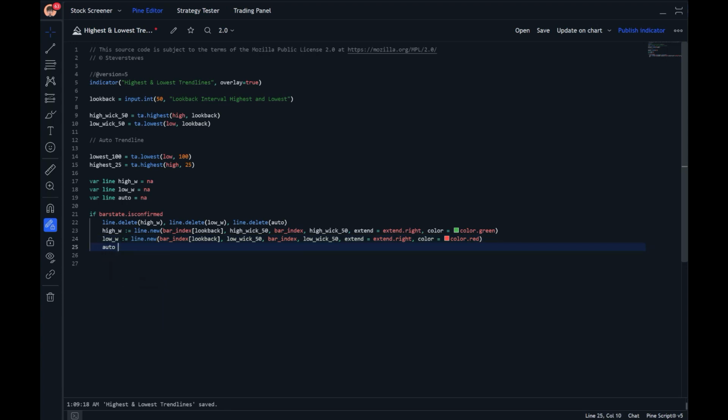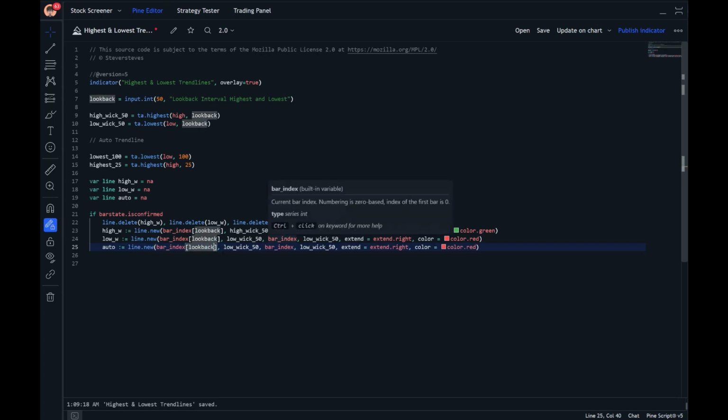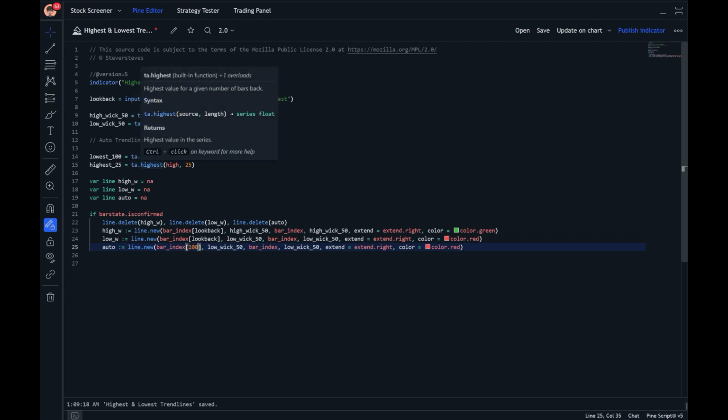So we're going to do auto colon equals, because remember the colon is to say that we are redefining an already declared variable. So we've declared auto up here as not applicable. Now we're redeclaring it as a line. So line new. Our lookback is going to be 100 because we're starting from the lowest and we're going to go to the highest.